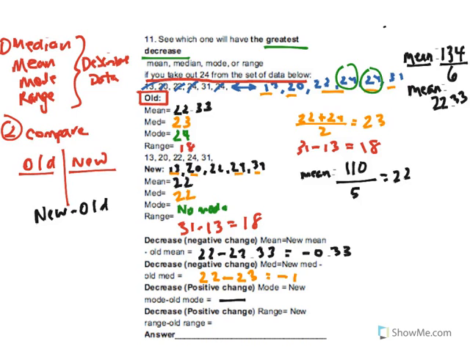And then the last piece, we want to find the decrease in the range. So we go new range minus the old range. So we do 18 minus 18 equals 0. And this is how you compare data. You do the new minus the old to find the greatest decrease.